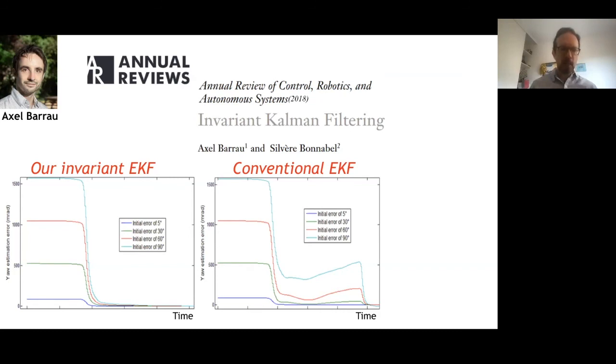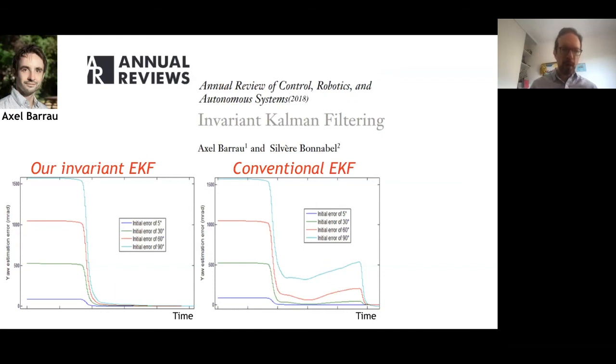So those are heading errors for inertial navigation systems using an invariant EKF. You see that if you start with a 5 degrees error on the heading of the airplane, then the conventional EKF and the invariant EKF behave exactly the same. So for small errors, they're strictly equivalent.